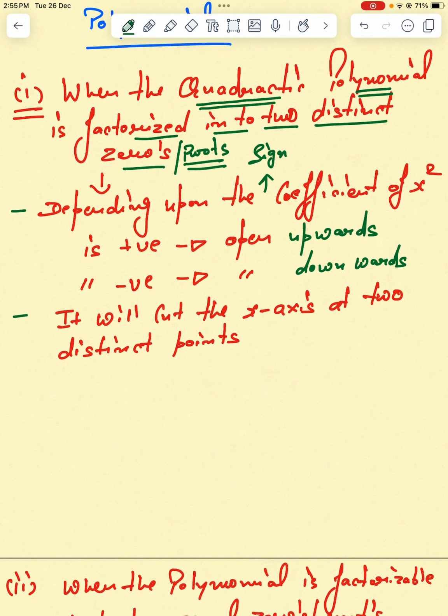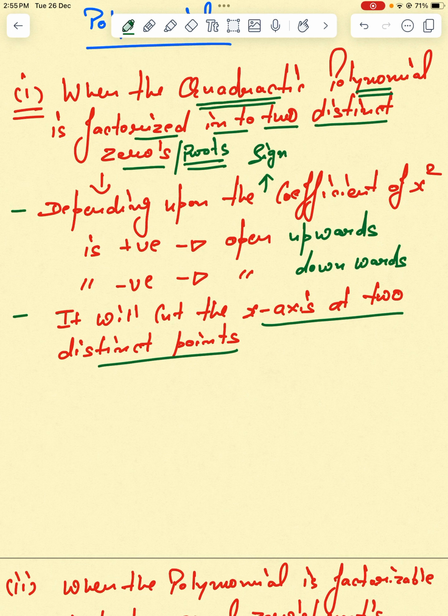For example, if the given polynomial has two distinct roots, then it will cut the x-axis, or intersect the x-axis, at two different points or two different coordinates, right?